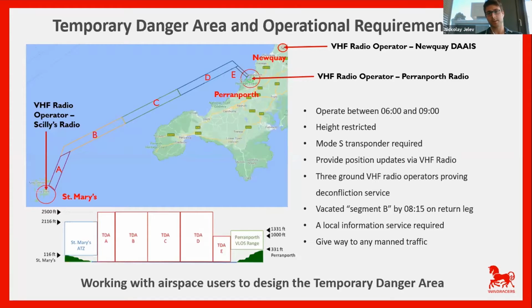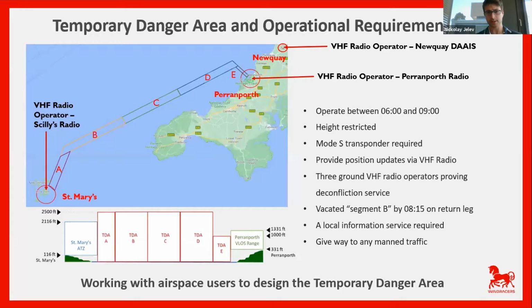We were required to fit a mode S transponder to the aircraft, which again was a benefit of the stakeholder engagement, so that we're visible to ground radar deconfliction services. And we had to provide a very complicated way of telling ground air deconfliction services exactly where we are at each point during the operation.